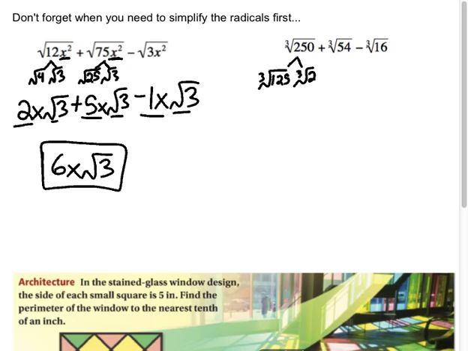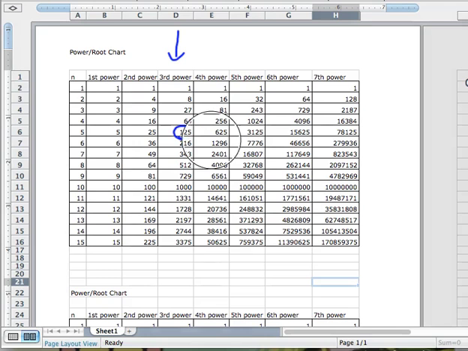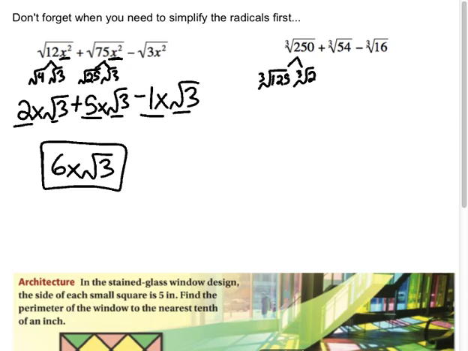Same thing with the 54. So if I look, I don't see 54 on that list anywhere, but I see something that can divide 54. So I'm going to use that 27 to break it down. 27 times 2. Then 16.